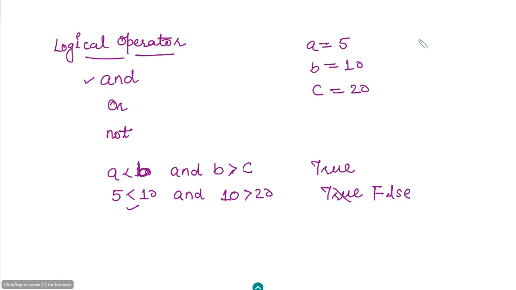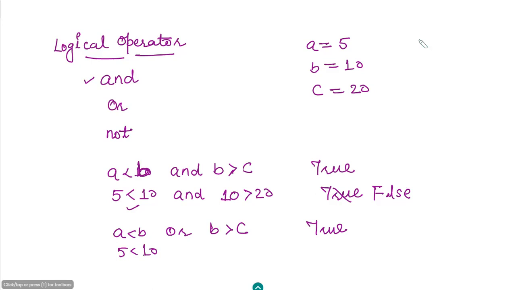So now let's take another operator, that is OR. If I write the same expression, A is less than B or B is greater than C, then it will return true if either one condition is true. Then A is less than B. So what is the value of A? 5 and B is 10.